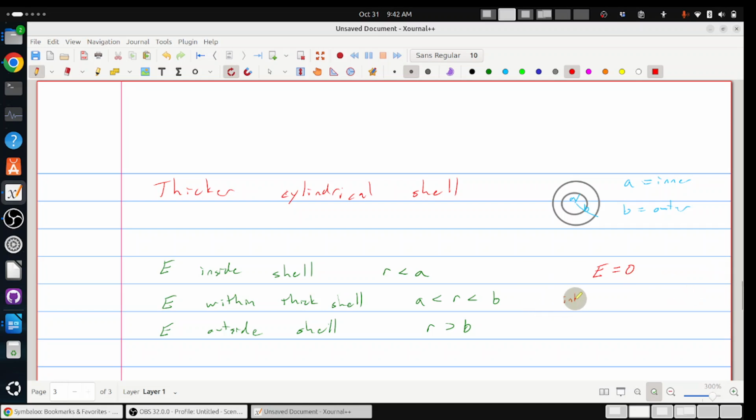Here we're going to need to integrate from s equals A to s equals little r.